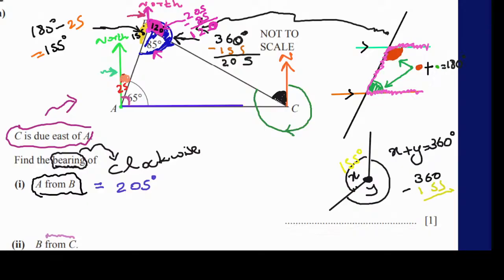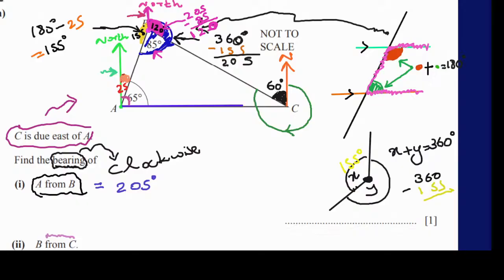When the lines are parallel, co-interior angles add up to 180 degrees. If the pink is 120, what should the black be? 60. So that 120 plus 60 makes 180.